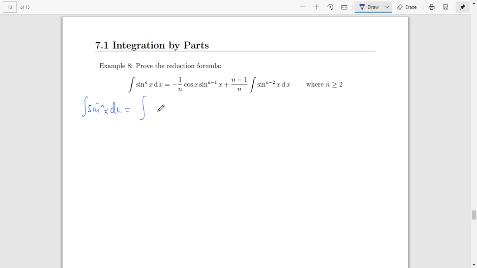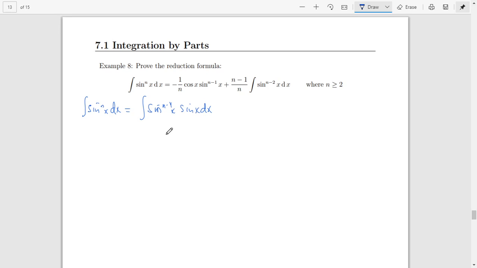I'll factor out one sine, so I'm going to have the integral of sine to the power of n minus 1 x times sine x dx. And then here you may ask, why are we using integration by parts?